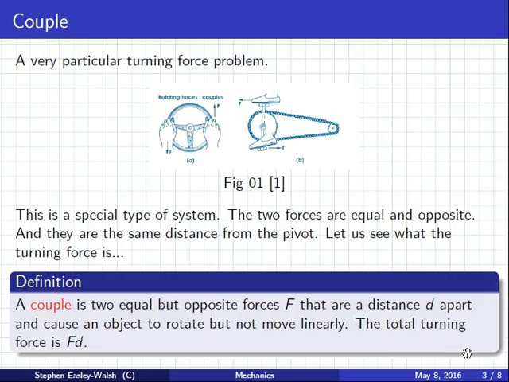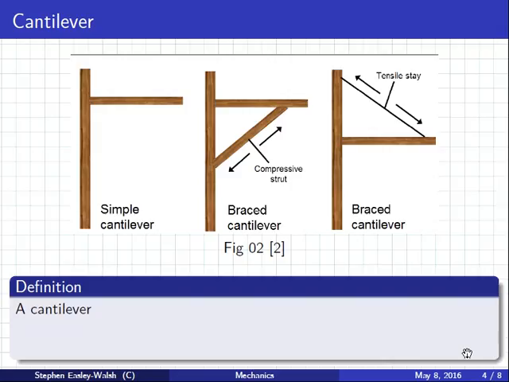So now on to what is a cantilever. So these are cantilevers. And before I give you the formal definition, you should write the names down with the pictures because I know nobody knows these terms.